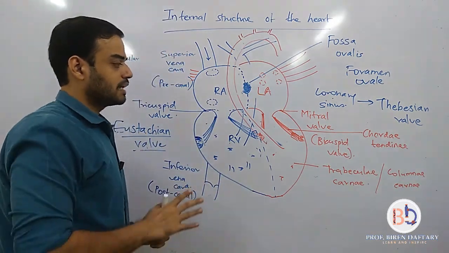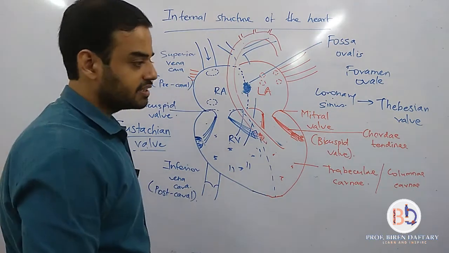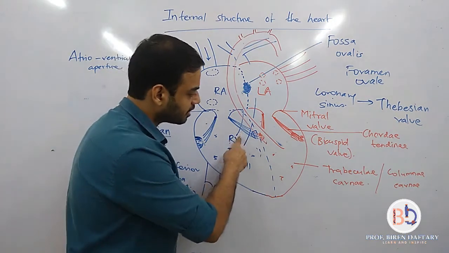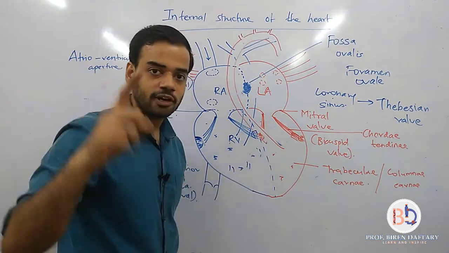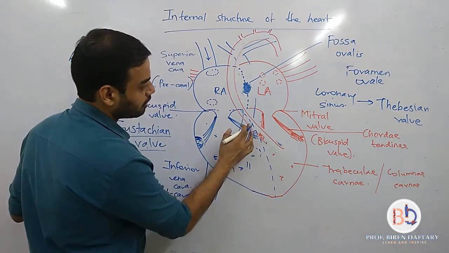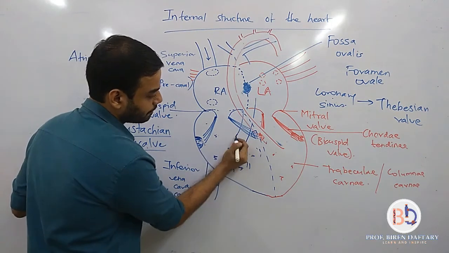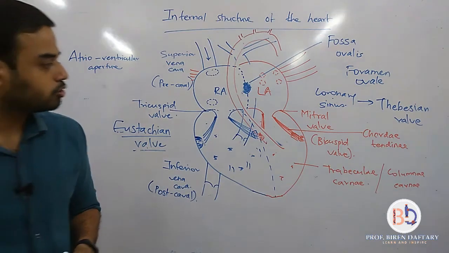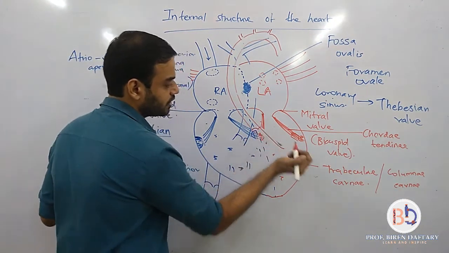Okay. Now the last thing that I need to teach you is that both these major blood vessels, the pulmonary trunk and the aorta, both of these have valves. So I will have to show a valve over here. If this is your pulmonary trunk, then there is a valve over here. Similarly, the aorta also has a valve. So it is over here.